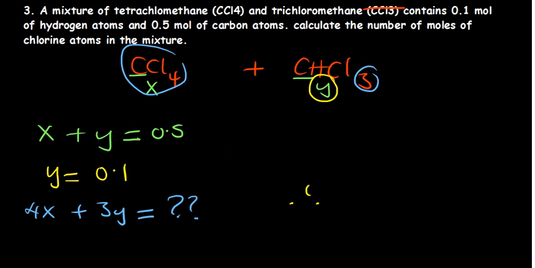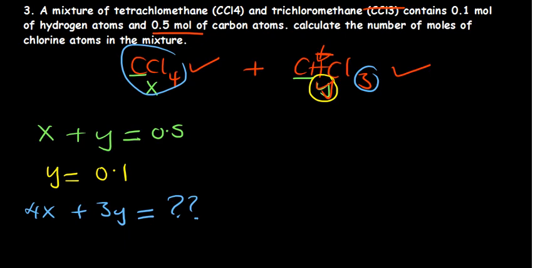In case you didn't get it, I said let x denote this part, y denote that part. For the first one, we consider the number of moles of carbon, which is 0.5. We had a coefficient of 1 on each because we only have a single carbon in each molecule. So x plus y gives us 0.5, since we've got 0.5 moles in total. For the second one, we only have y because hydrogen is only found in one molecule, denoted by y.